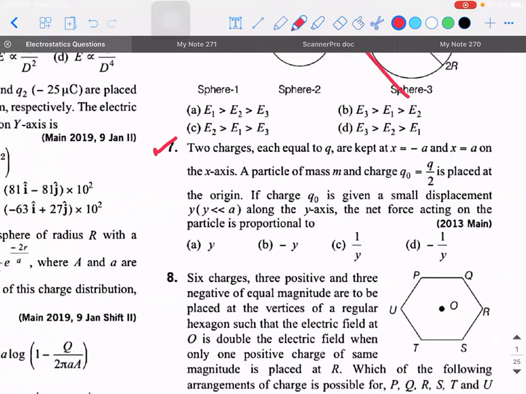2 point charges, each of magnitude q, are kept at x equal to minus a and x equal to plus a on the x-axis. A particle of mass small m and charge q naught equal to q by 2 is placed at the origin.